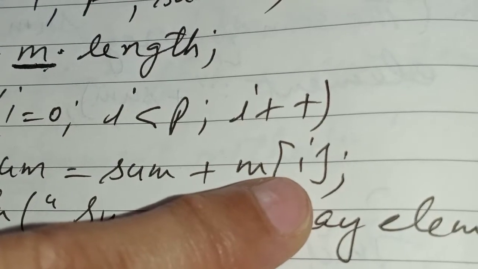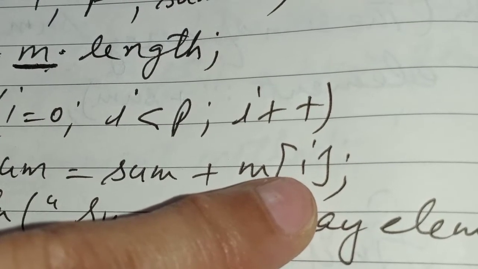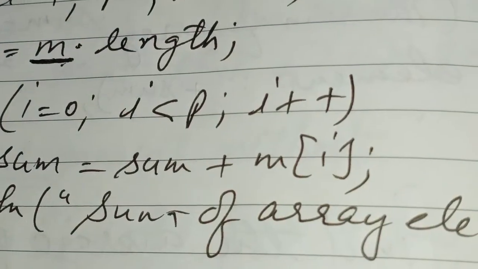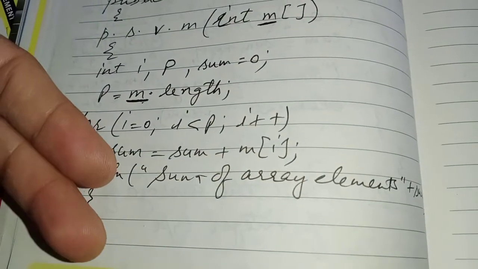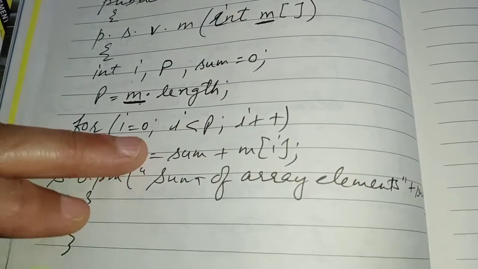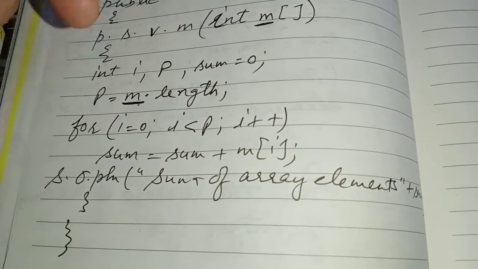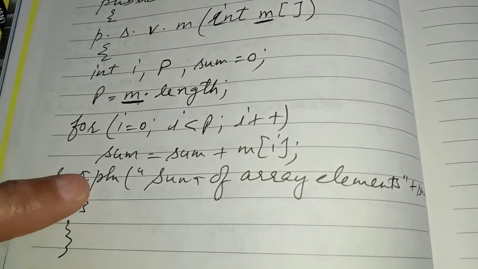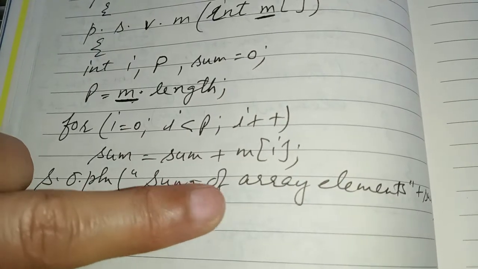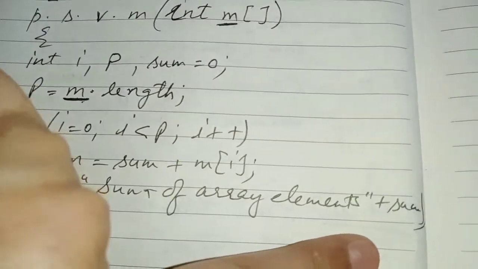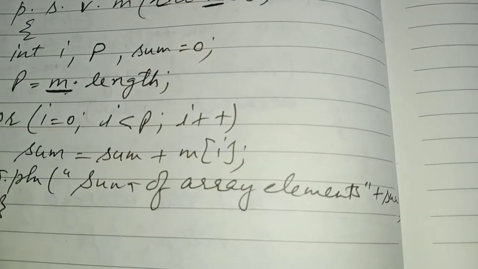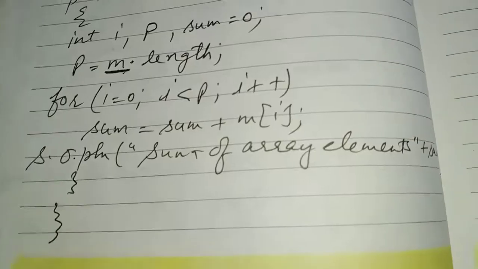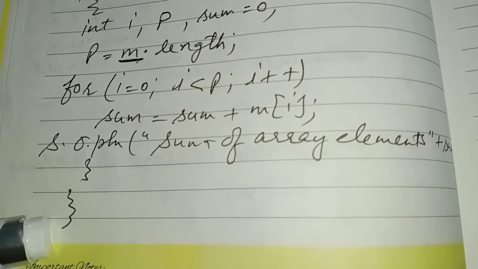If i is 0, it will fetch the value at subscript 0. When i is 1, then it will take the next value from the array and add it in the sum, this way next to next. And when this loop will finish, in the end we will display the result: System.out.println sum of array elements plus sum. In last, close curly brackets.